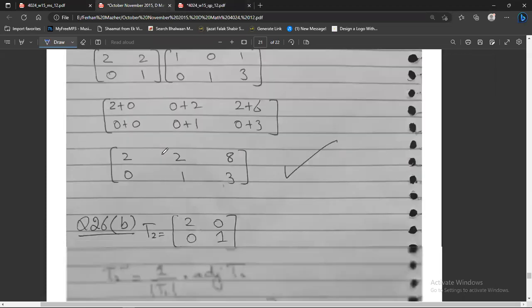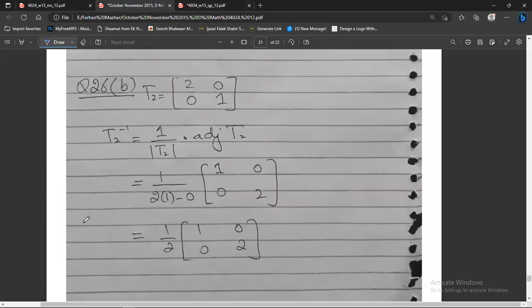So let me do this. T2 is 2, 0, 0, 1. The T2 inverse will be equal to 1 by the determinant of T2 into the adjoint of T2. The determinant will be 2 into 1 minus 0 into 0, so the determinant is 2. So 1 by 2 into the adjoint of T2, where you change the locations and the signs.